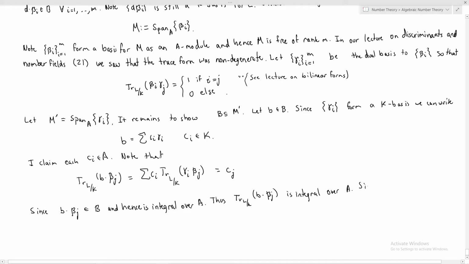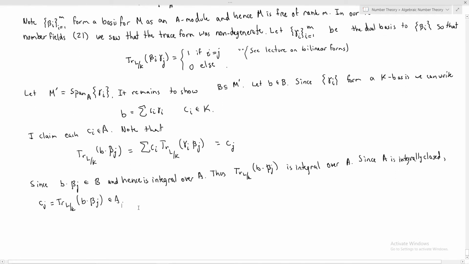Since A is integrally closed by assumption, c sub j, which is the trace from L over K of b times beta sub j, lies in A. So this finishes the proof.